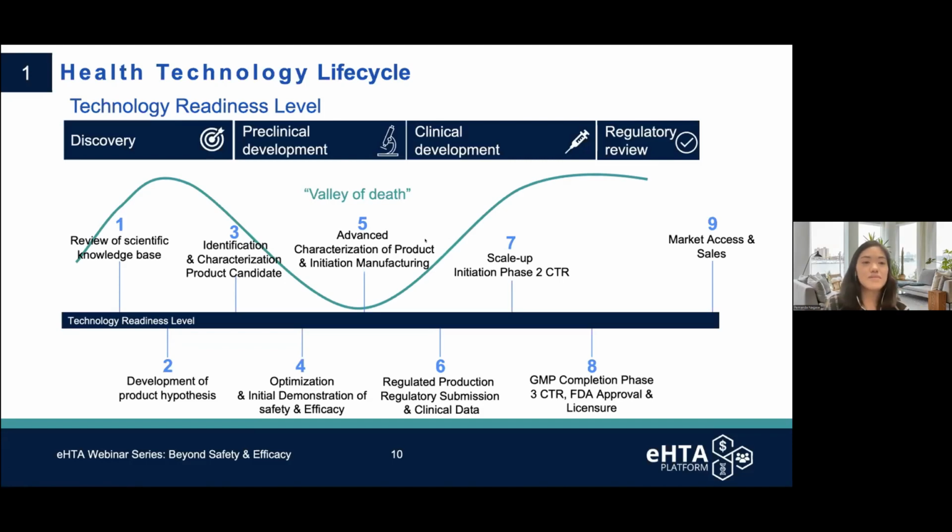For example, some sources suggest that out of 10,000 compounds that start in the discovery process, only 5 will end up getting to clinical trials, and only 1 will receive approval by regulatory agencies. But maybe you are that lucky one that got regulatory approval.